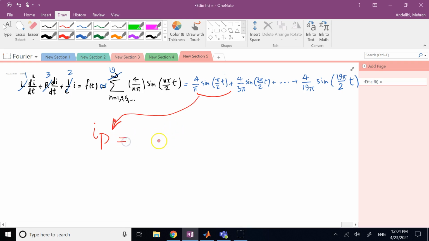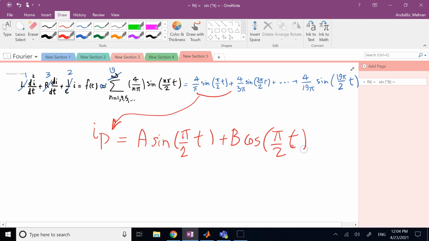So this is going to be a constant a times sine of the same frequency times t, plus b times cosine of the same frequency times t. Where this a and b, how do you find them? You plug them into this equation, set it equal to this right-hand side, and then you try to find a and b, okay?